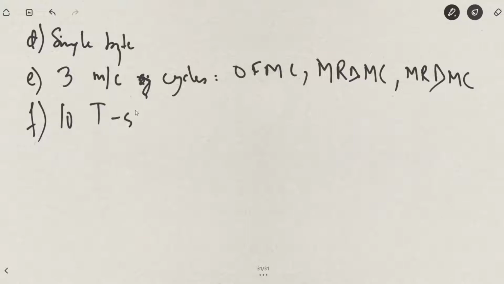So there will be 10 T states for the pop instruction. There's a difference here. 3.2 microseconds of execution time, and there will be 3 variations.